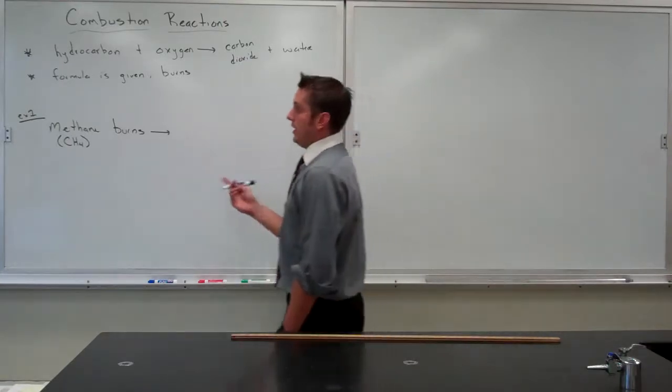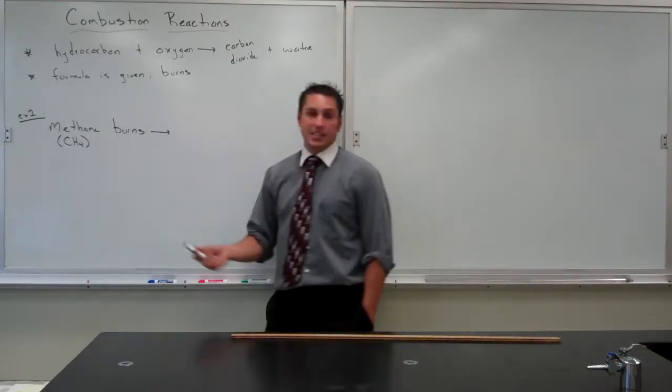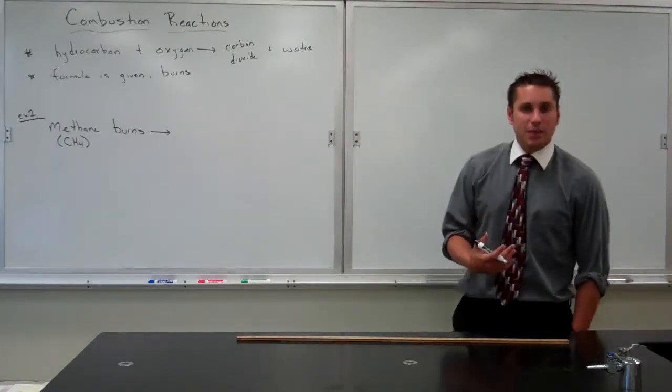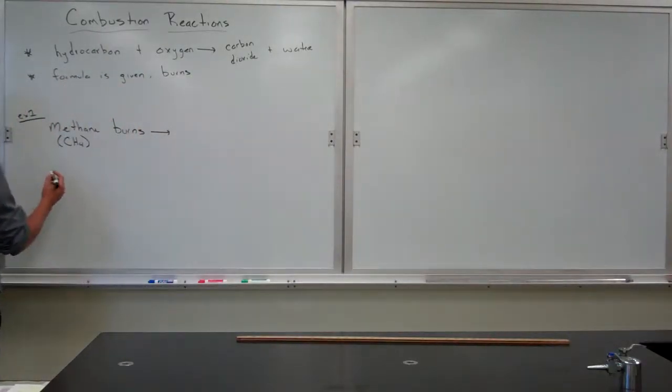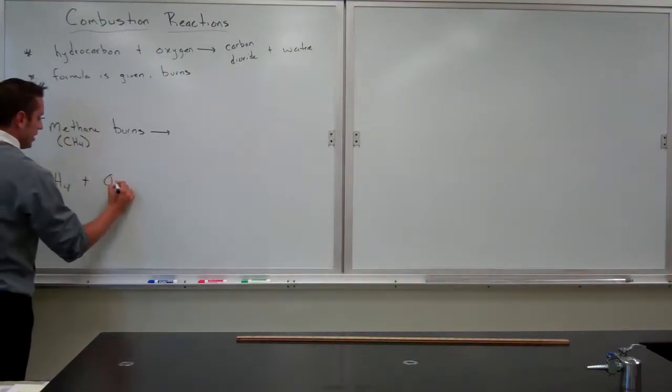So here you have two indicators. There's a formula and it says burns. And anytime something burns, it means there has to be oxygen present. So what you really have here is CH4 plus O2.